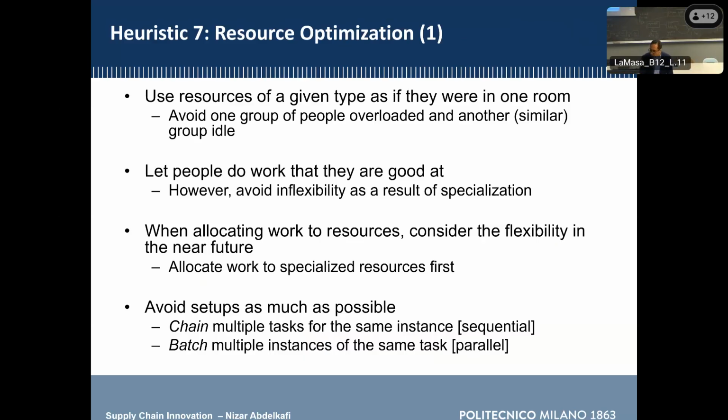If both call centers work separately, the one in Milan may be more overloaded than the one in Turin, although those in Turin would have the capacity to deal with the claims coming from Milan. So if you put both call centers together, although they are placed in different cities, it is not a big deal where the claim is coming from. Whenever a claim comes in, it will go to the operator that is free, and then you will be optimizing your resources better. Then let people do work that they are good at. I think this is very simple.